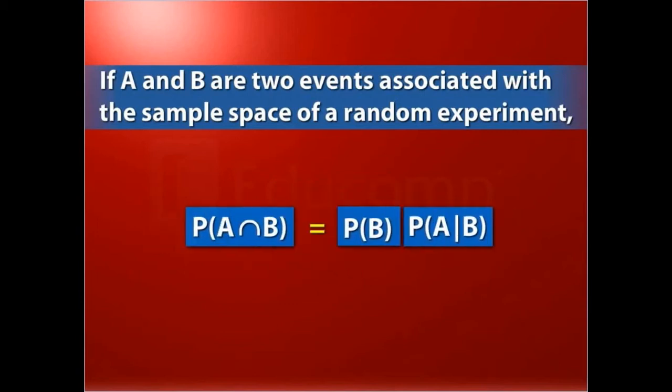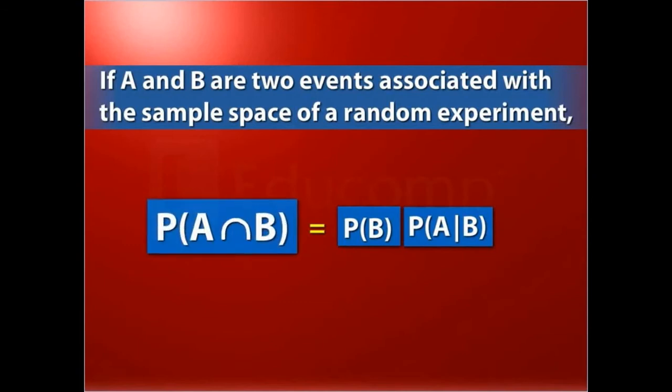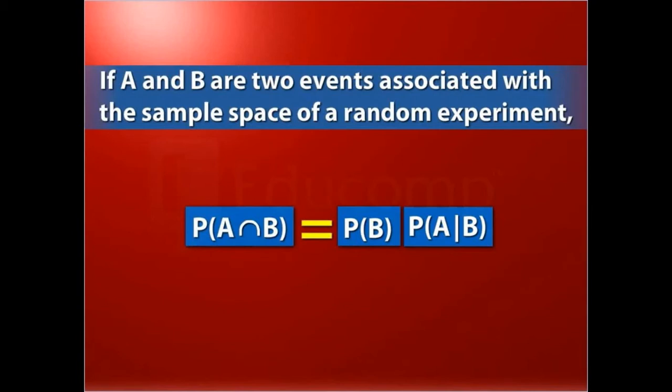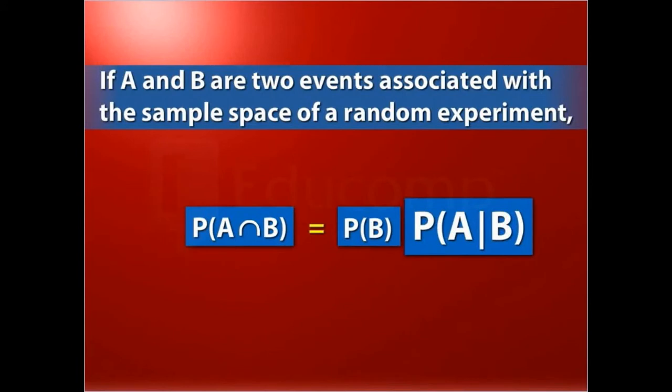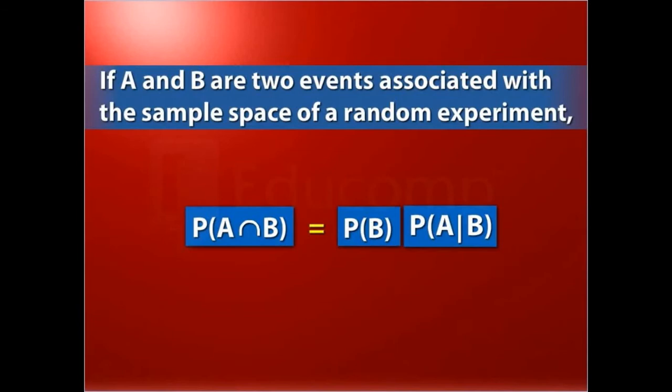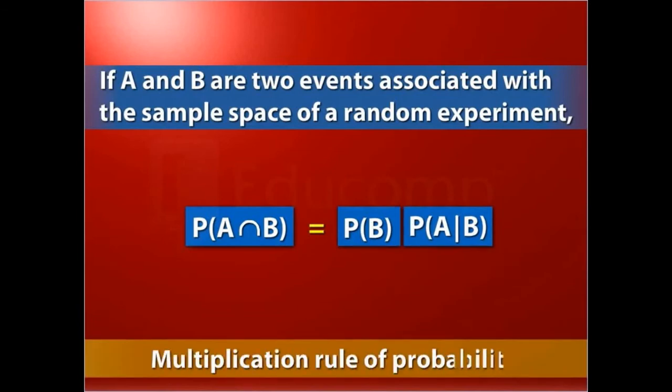This further indicates that probability of A and B is equal to probability of event B into probability of event A, given that B has occurred. This is called multiplication rule of probability.